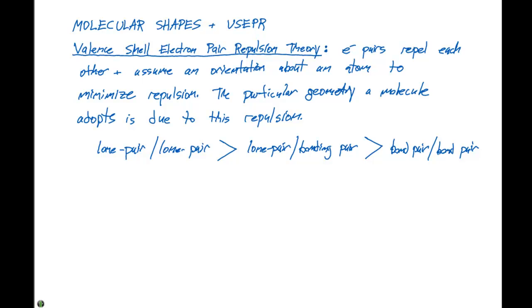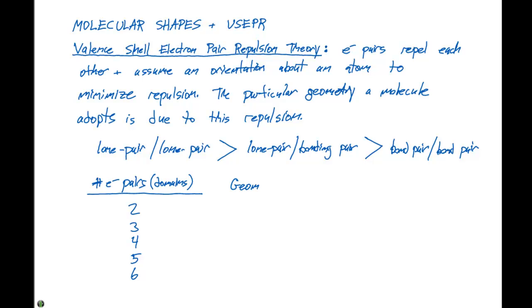So the shapes that we can look at can be summarized in a chart. We need to look at the total number of electron pairs, which sometimes are referred to as electron domains. So this is the total number of electron pairs around a central atom. The molecules that we'll look at in this class have either 2, 3, 4, 5, or 6 electron pairs around the central atom.